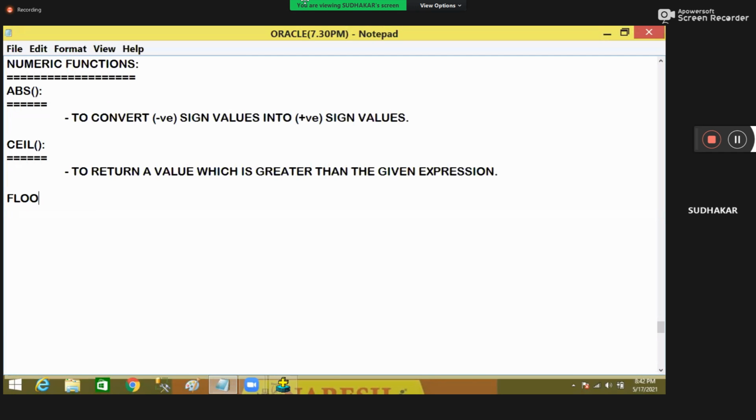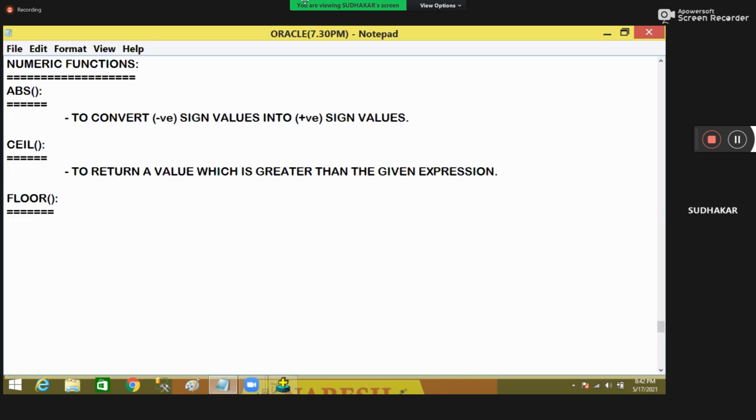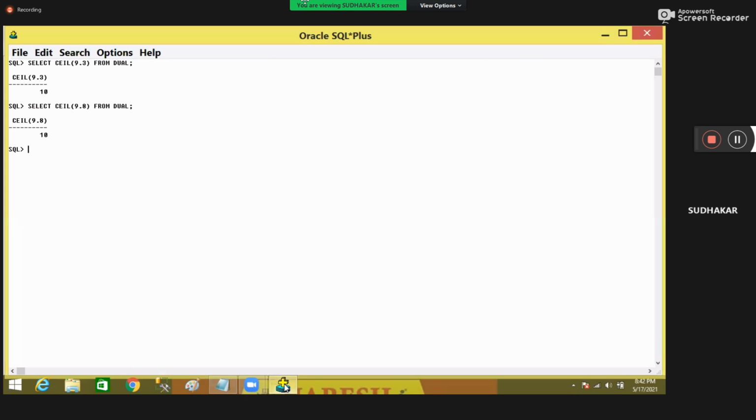Next one is called the FLOOR function. The FLOOR function is quite opposite. It returns a value which is less than the given expression. For example, let us see.